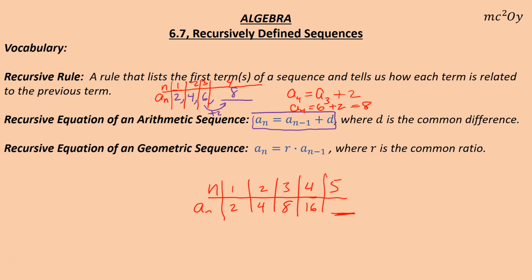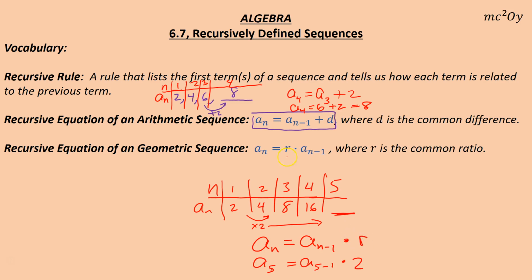If I want to find a sub n, in this case the fifth term, a sub 5, it's equal to a sub n minus 1. If n is 5, that means n minus 1 is 5 minus 1. And we're multiplying here. What are we multiplying by? Each time we're multiplying by 2. So it's times 2. This, by the way, is our r here.